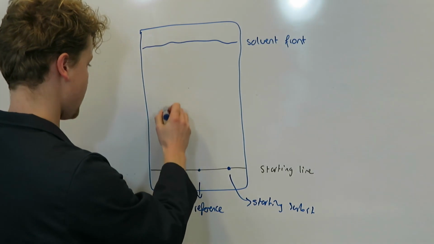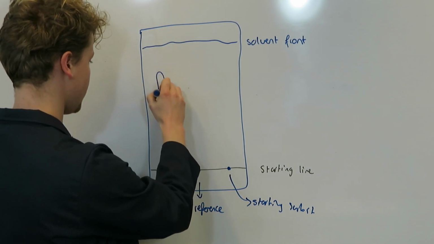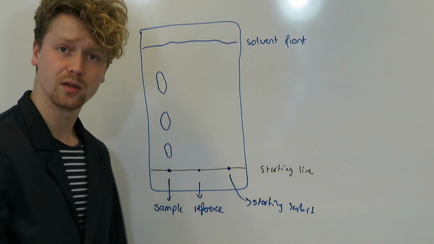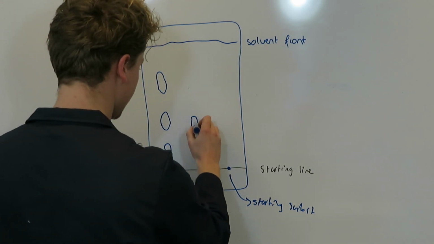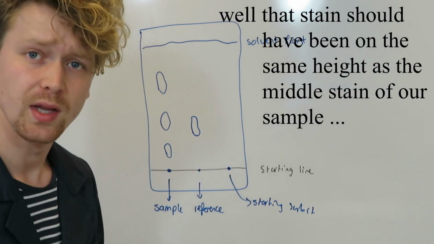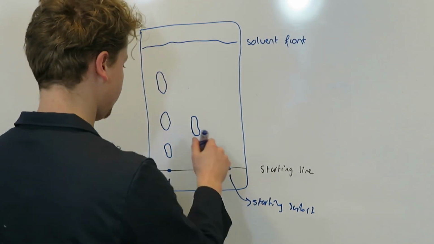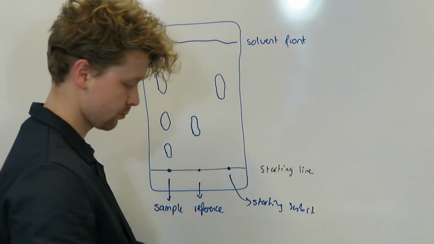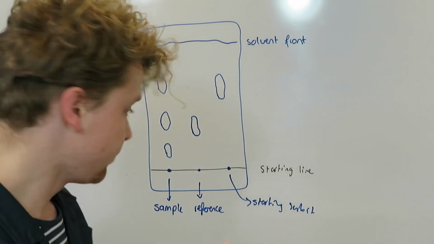For my sample, I get this, and this, and this. For my reference, I get this. And for my starting substance, I get this. So what can we say about this now?